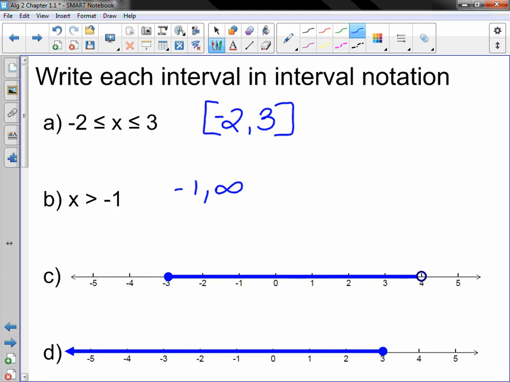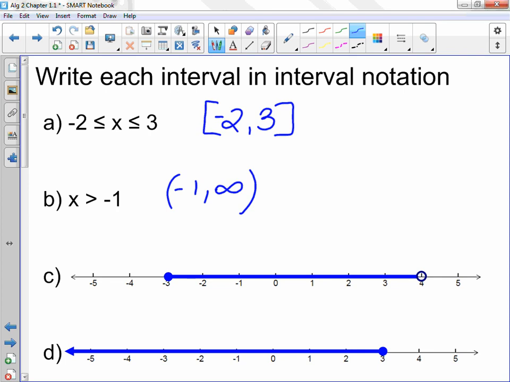Now, is -1 included? No, so we would use a parentheses, and here we would use a parentheses. So this here is the interval notation for x is greater than -1.